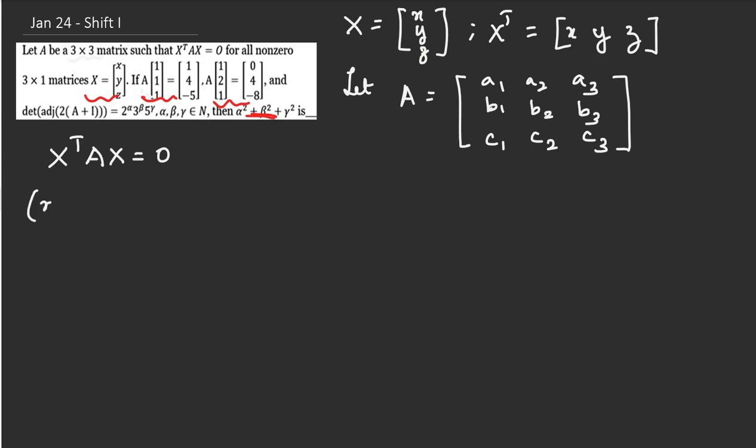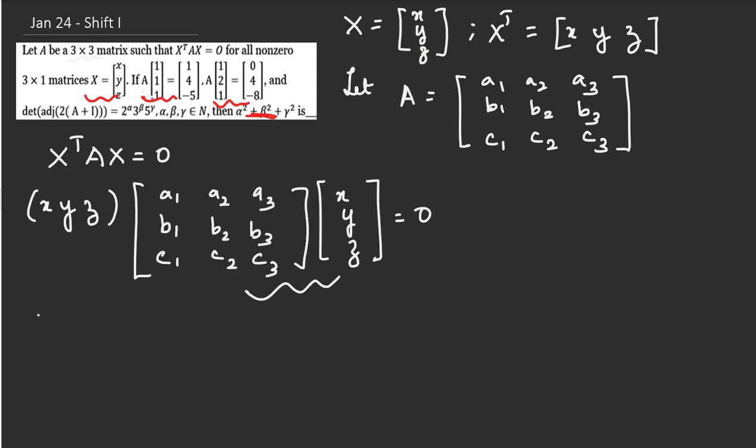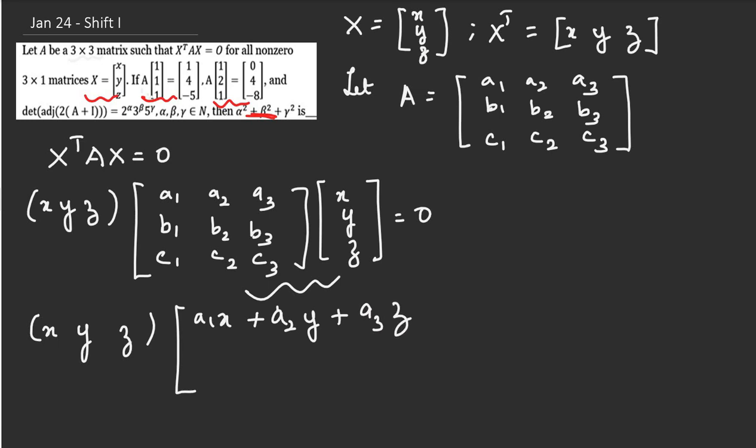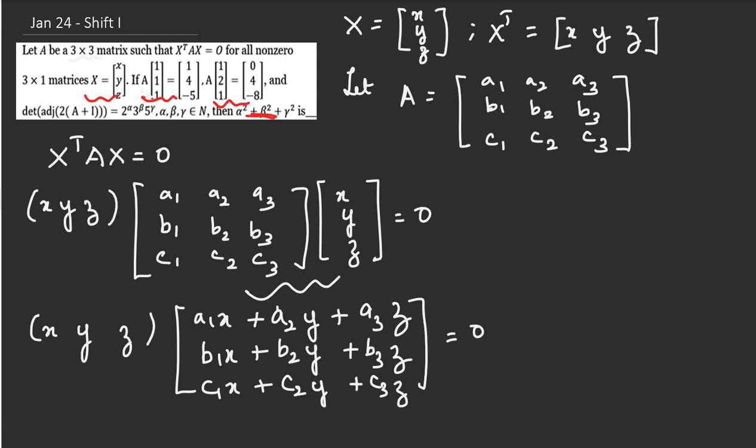Therefore X transpose is X, Y, Z into A matrix, A1, A2, A3 matrices. Therefore, we get X, Y, Z into the matrix. We get A1X plus A2Y plus A3Z. Next, B1X plus B2Y plus B3Z. Next, C1X plus C2Y plus C3Z. This is equal to 0.